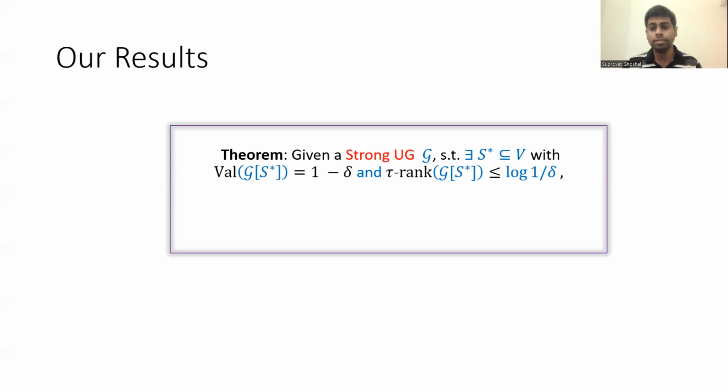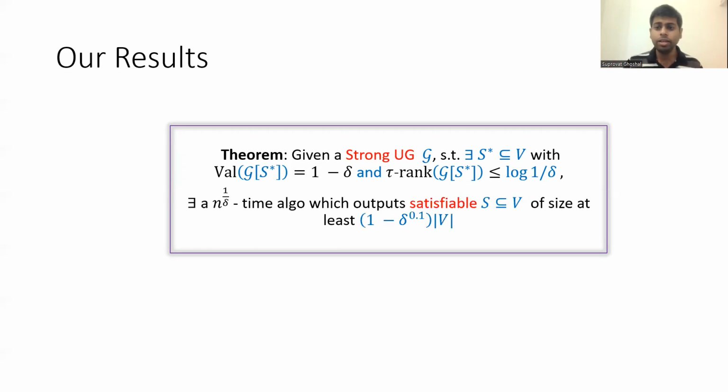The following theorem says that suppose we are given a strong unique games instance which contains a 1 minus delta size subset that is satisfiable and induces a graph which has threshold rank at most log 1 over delta. Then there is an n to the 1 over delta time algorithm which will find another subset of relative size 1 minus delta raised to the 0.1, which induces a satisfiable subgraph.